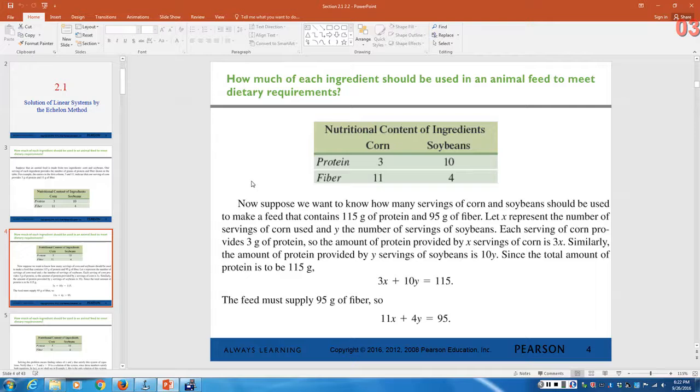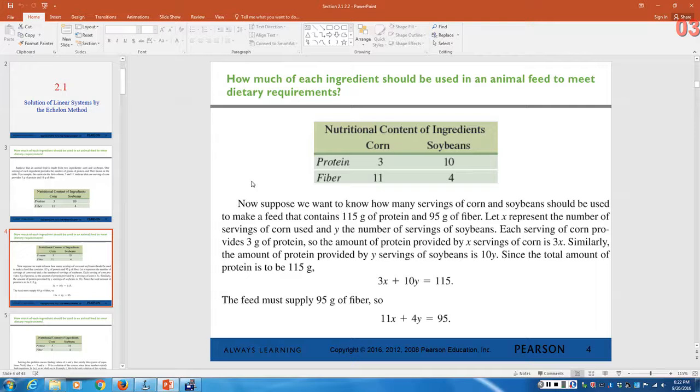So that top row gives us the equation 3x plus 10y equals 115. 3 protein units per unit of corn plus 10 protein units per unit of soybeans, and it has to total up to 115.